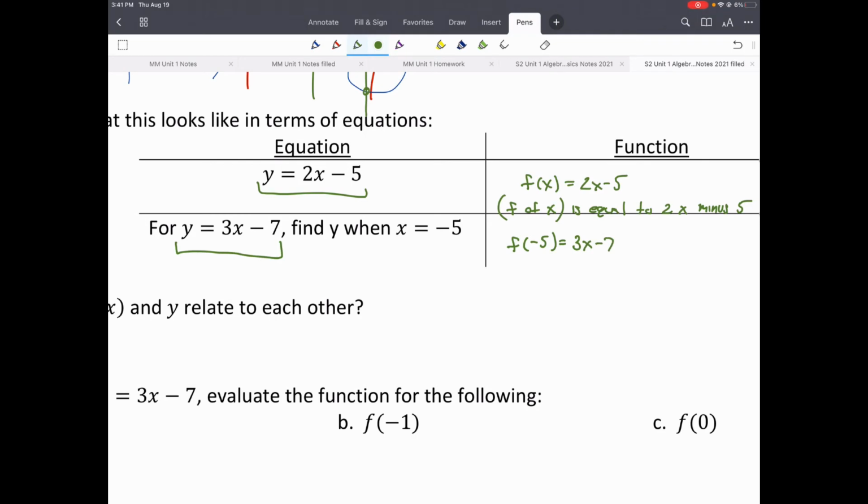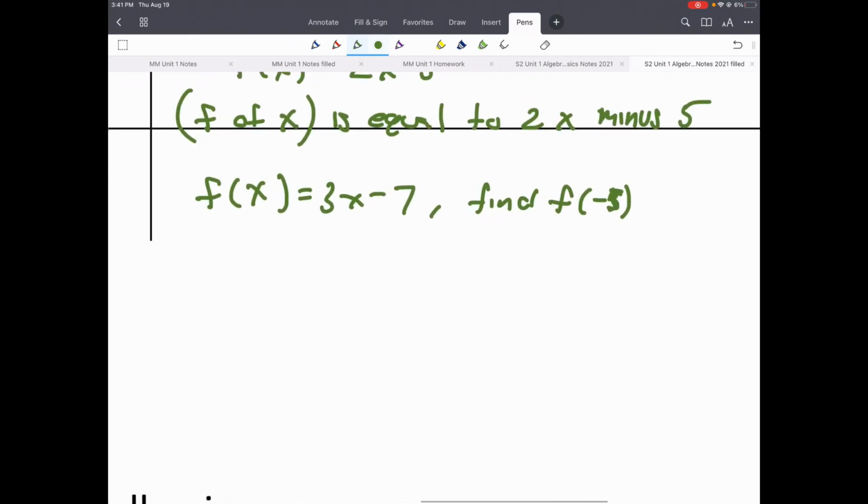So f of x equals 3x minus 7. Find f of negative 5. Okay? So this is more like what you would find. And it's not as wordy. And what they're asking us to do is evaluate this function when x is negative 5.